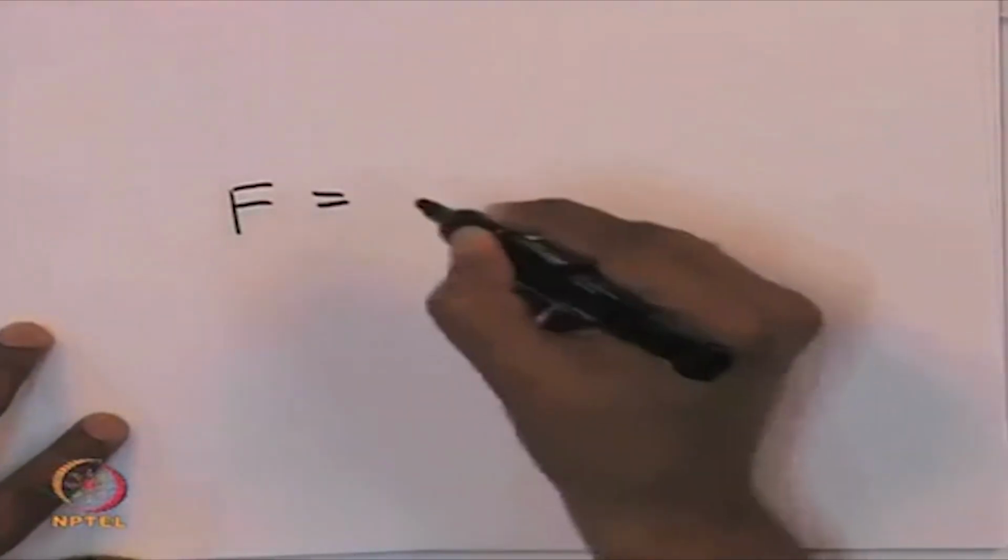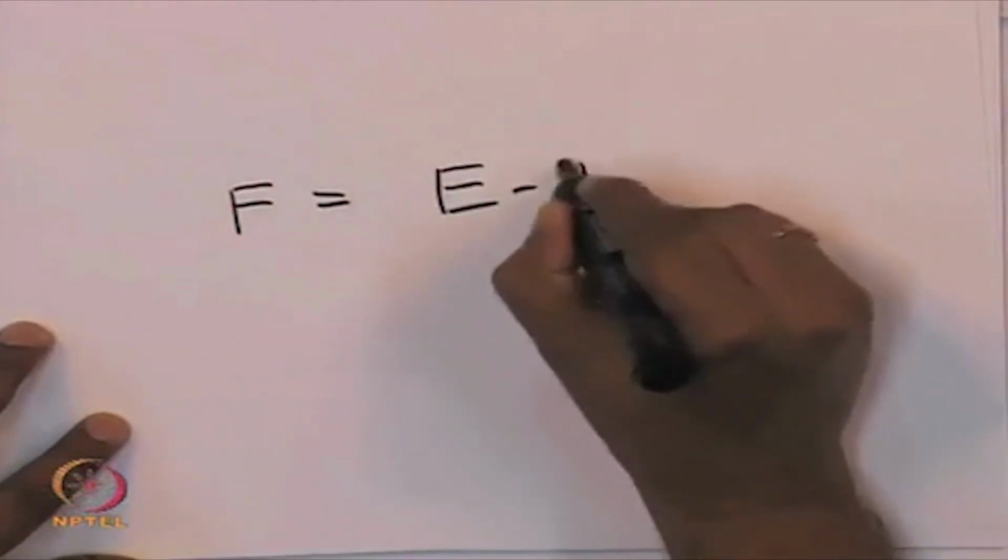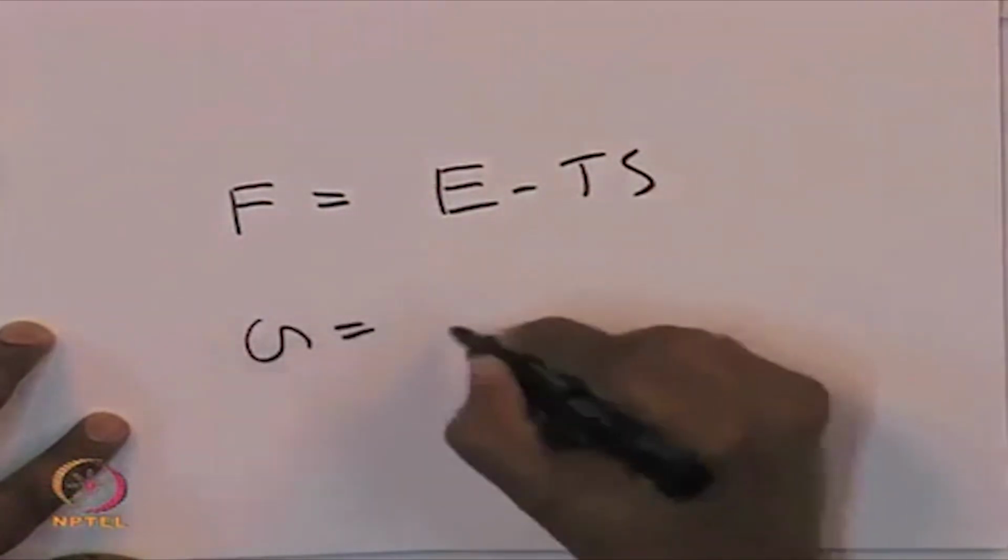We said that just knowing about energy would not be sufficient. Energy only tells you part of the story, and the real thermodynamic equilibrium is decided by the free energy. The free energy, as we said, F is E minus TS, the same as G, which is H minus TS.